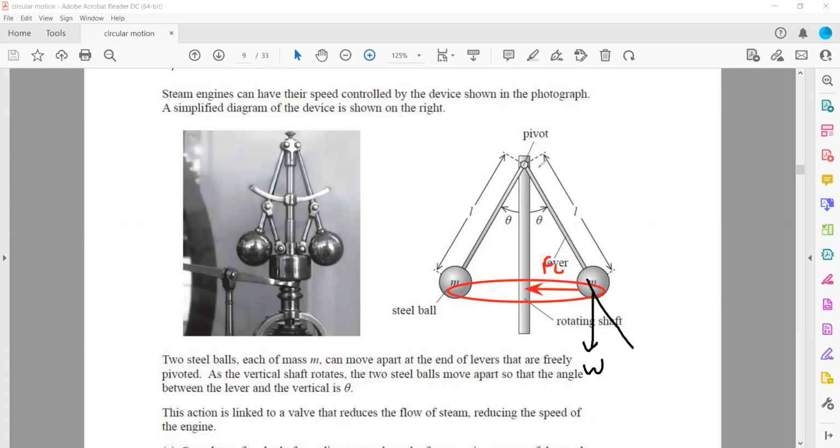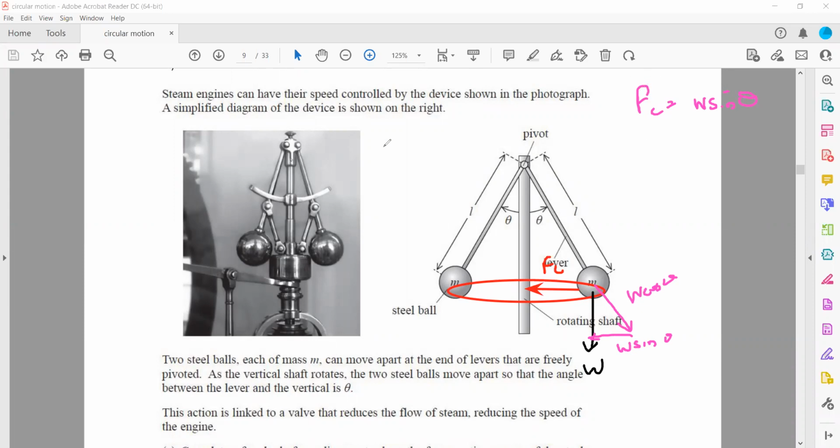So there will be two components of the weight, the one with an angle, that is W cos theta, and against the angle will be W sin theta.